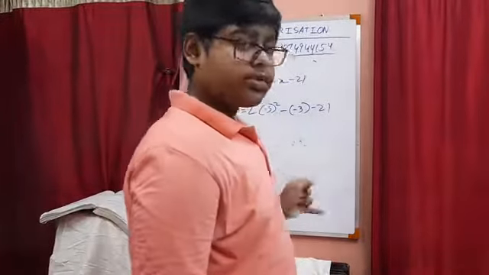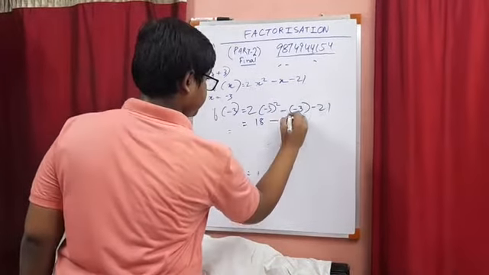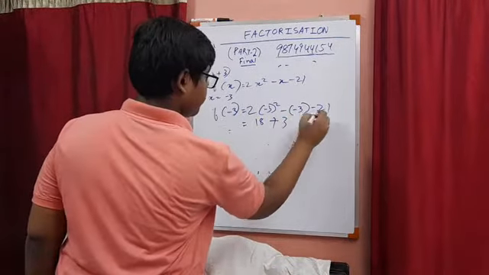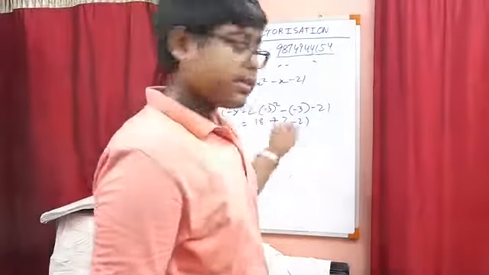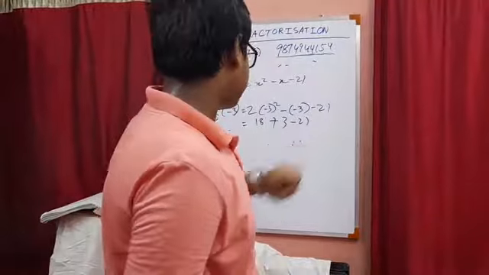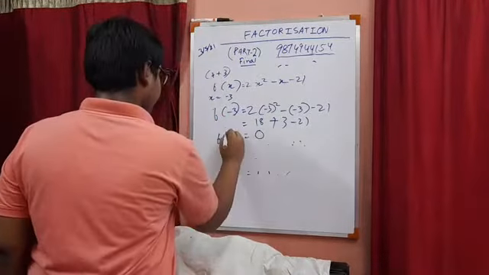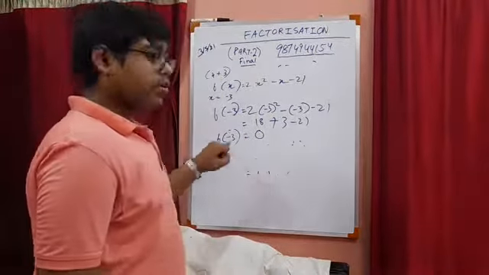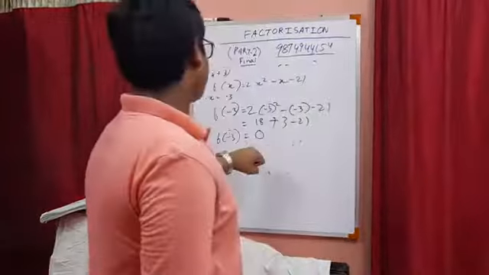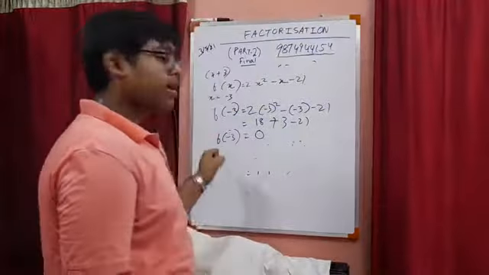Yes, 9 into 2 is 18, which will be 18 plus 3 minus 21. 18 plus 3 is 21. 21 minus 21 will be 0. Therefore f of minus 3 is equal to 0. This proves that minus 3 is a root of this polynomial. Therefore x plus 3 is a factor of this polynomial.